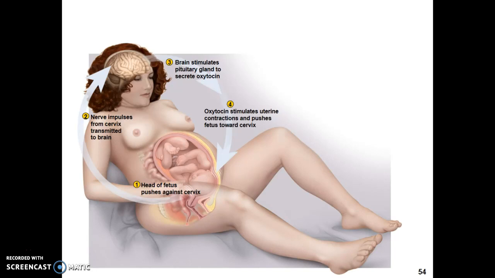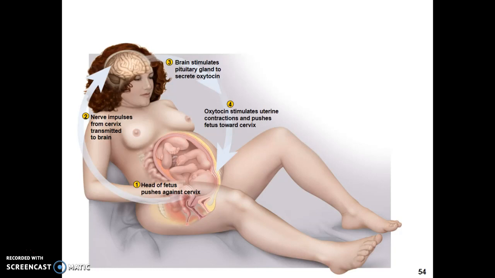When the baby hits the cervix with his head, the cervix has receptors that send signals, again, to the hypothalamus. The hypothalamus responds by telling the posterior pituitary to release oxytocin.